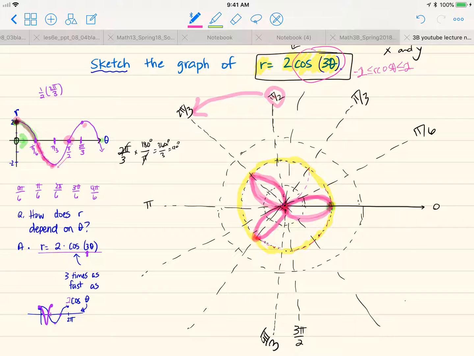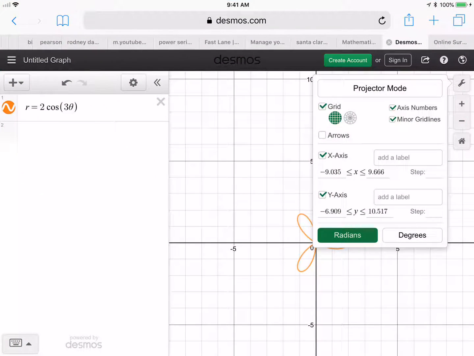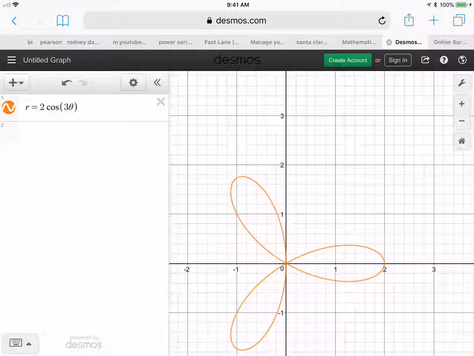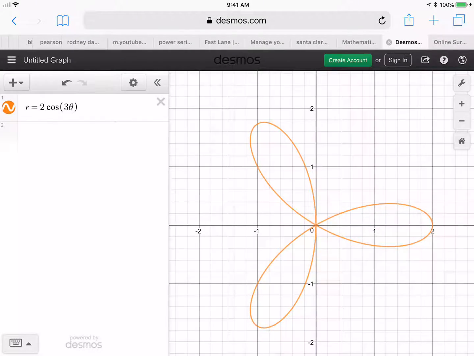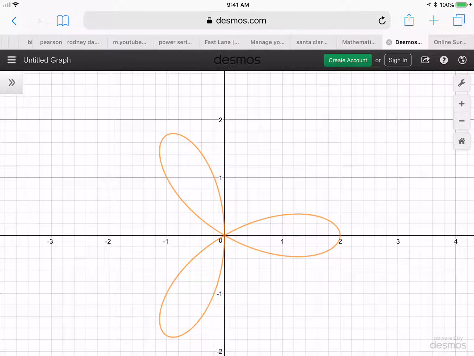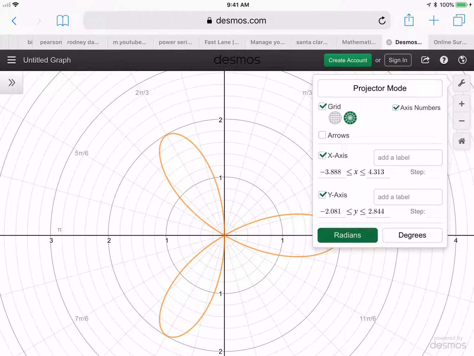Okay, all right. And now what I want to do is show you on Desmos what we are doing here. So this is kind of looking at what's happening here. It's got 3 little petals. It's beautiful. But what's more interesting is if you go to settings, and now for the grid, you actually can choose between Cartesian or polar.